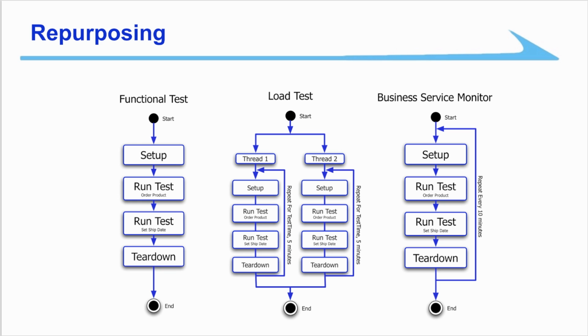And then that's followed immediately by a run test method. Run test would say okay, let's order some product. And then you might have a second run test, which was set the ship date for that product you just ordered. And then finally, just to be good citizens, we're going to tear down this test by maybe cleaning up the database of used names or cleaning up that product order that we had. And that's simple for functional testing.